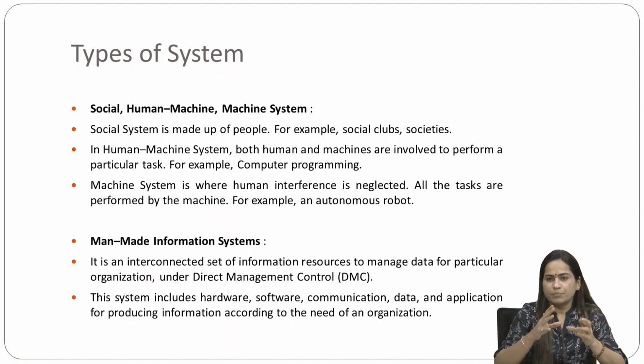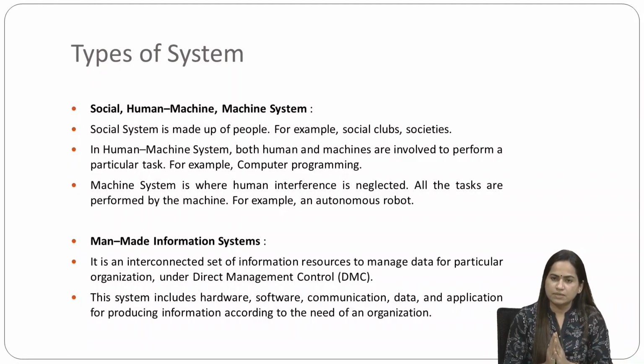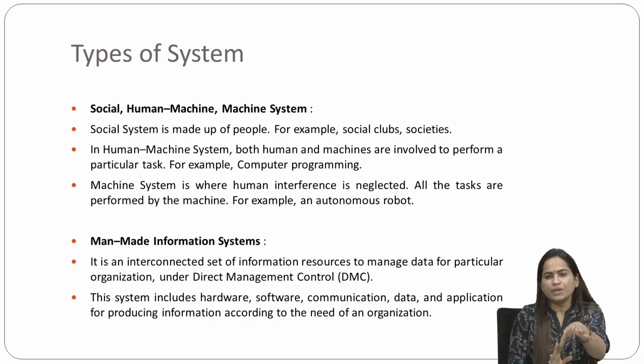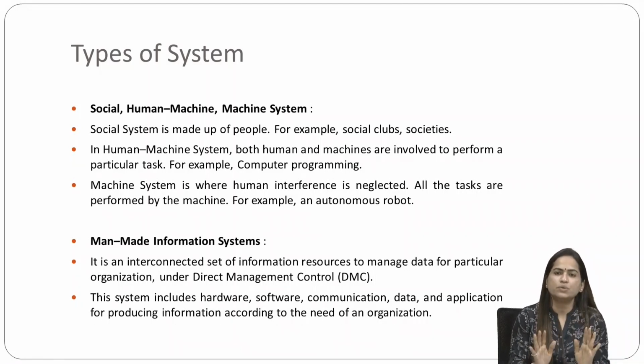Like computer programming, a system in which there is a computer and the programmer. The computer is a machine and the programmer is a human. So human-machine interaction is there, and that system will work as a human-machine system.